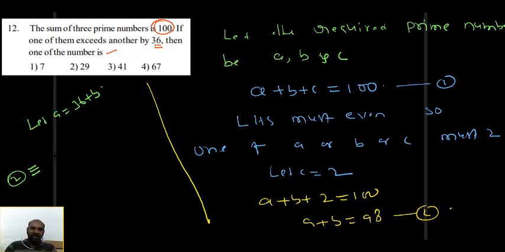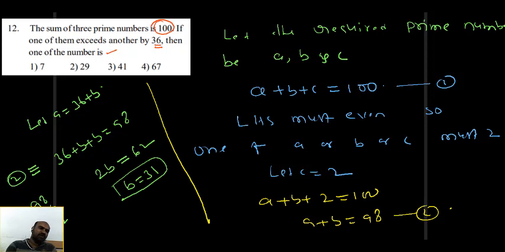Instead of A, I can write 36 plus B, plus another B equal to 98. Or 2B equal to 98 minus 36, which is 62. Then B equal to 31, which is a prime number. So B equal to 31 is the required value.